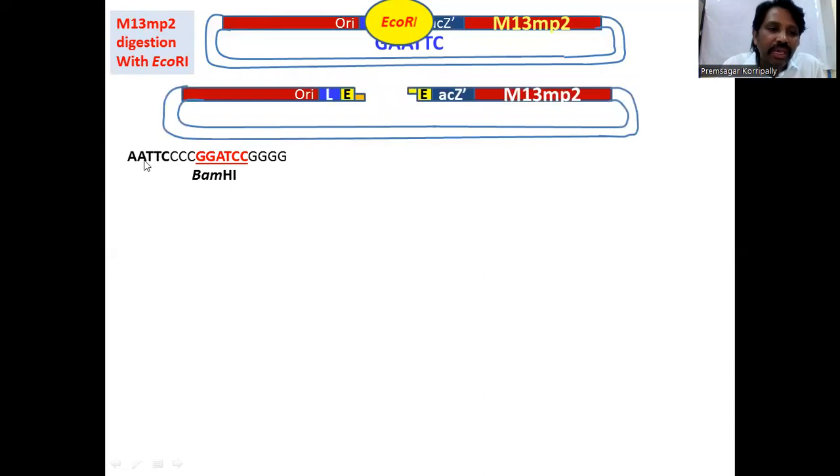You can see AATTC and G. This adapter molecule is an 18 base pair adapter, which has readily ligatable cohesive ends. Here, linearized M13mp2 is ligated with the adapter molecule.